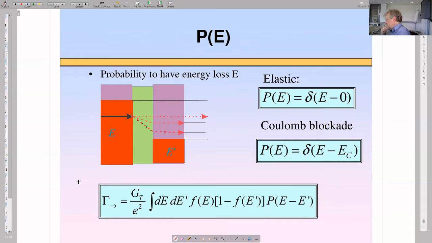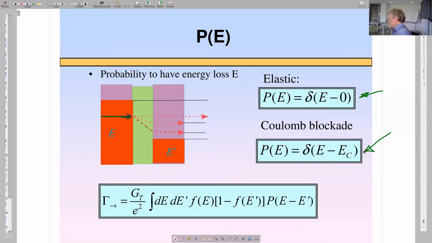In this situation, an electron which tunnels experiences a stochastic energy loss. It's not zero like in the elastic case. It's not the Coulomb blockade energy as in the Coulomb blockade case.